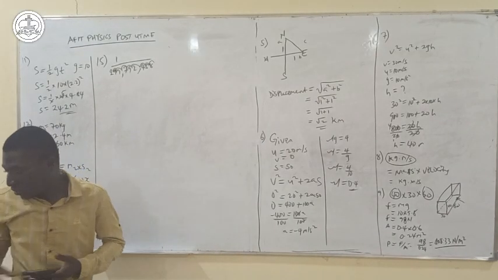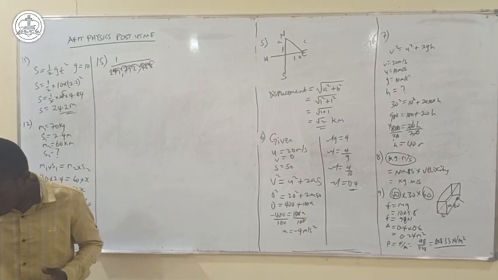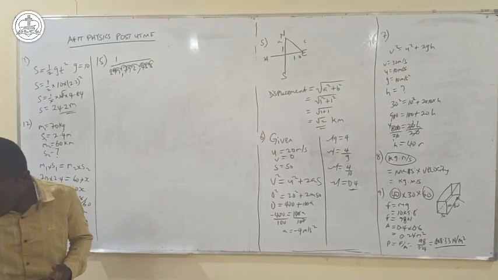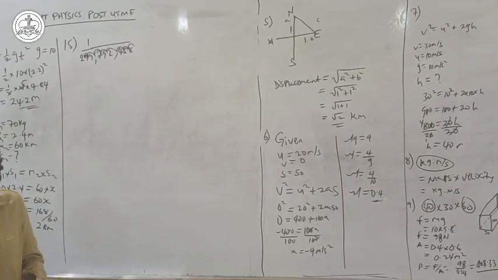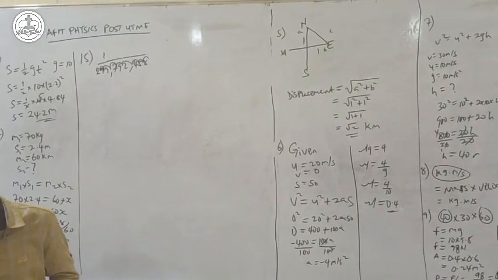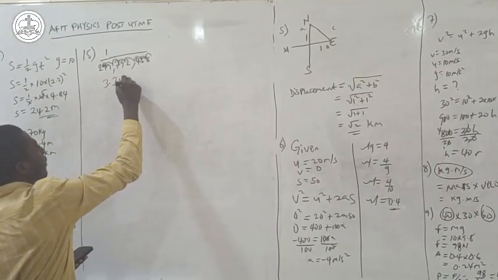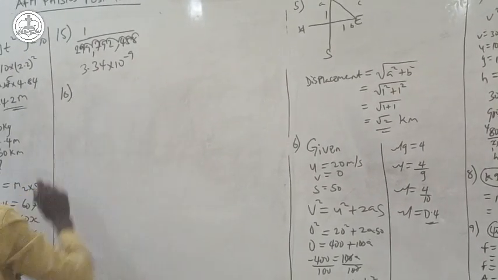Let's do this: 1 divided by 3 times 10 to the power 8 gives 3.34 times 10 raised to power minus 9.